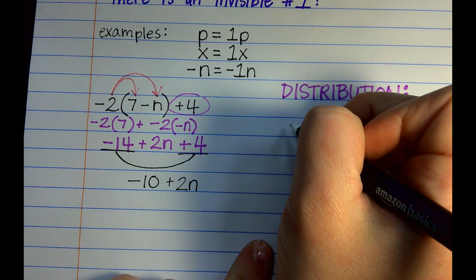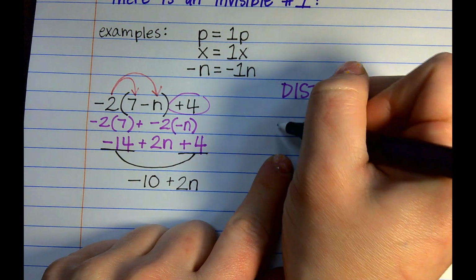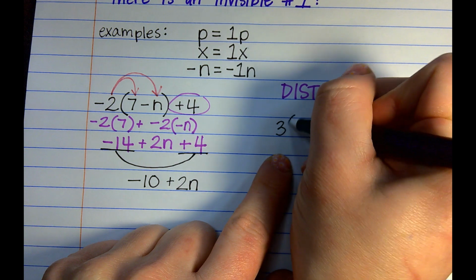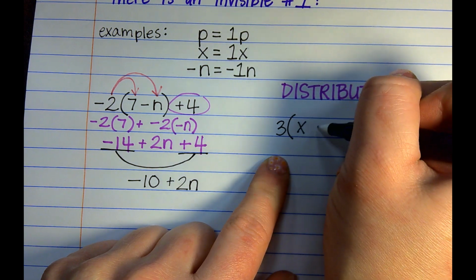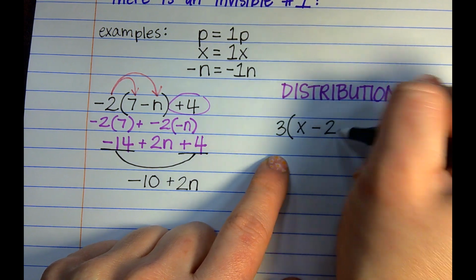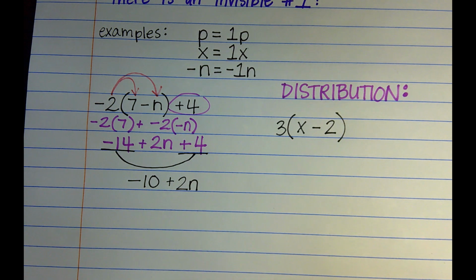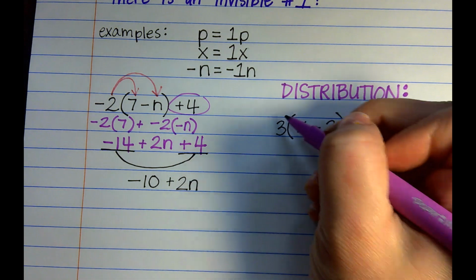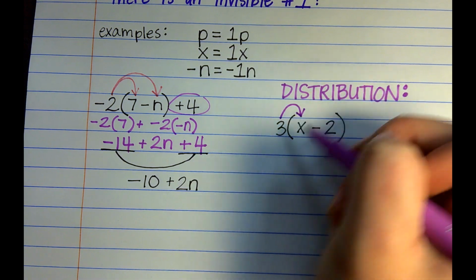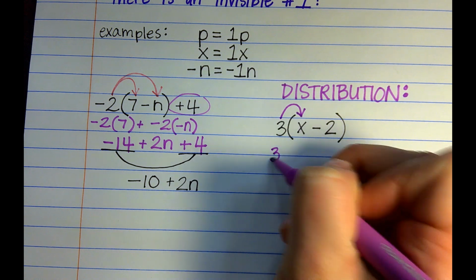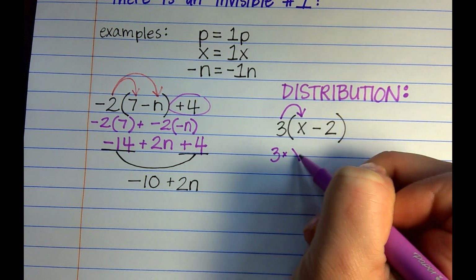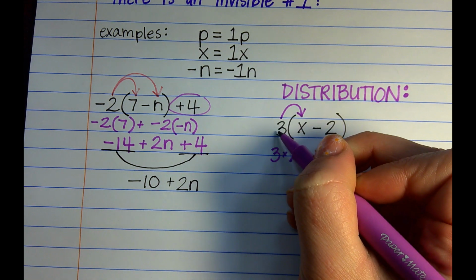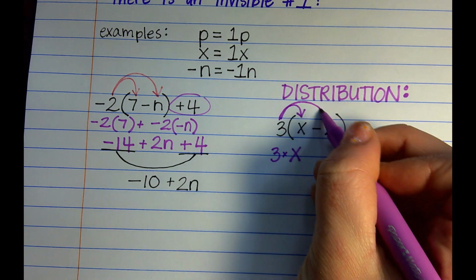All this means is if I have like 3 times x minus 2, it just means I'm doing 3 times x and 3 times minus 2.